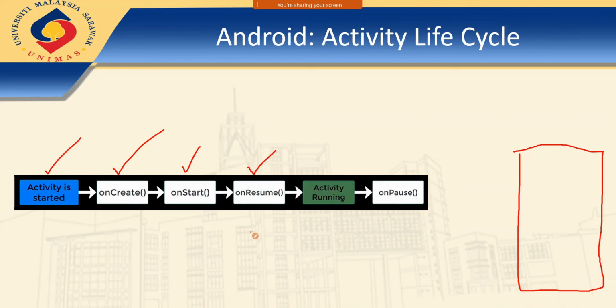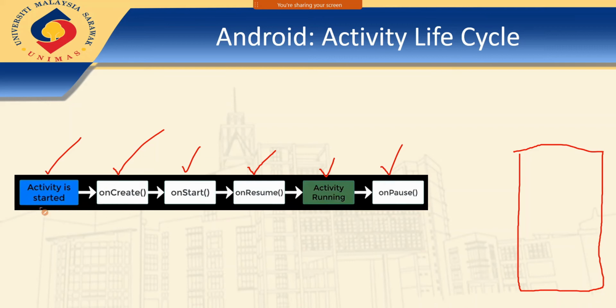Maybe when we open another application, the first one goes to a resume state and a new one comes on. And from resume, it can come back to the active running state. Sometimes when we click the back button or open another application, or maybe just turn off the screen, then it goes to the pause state.